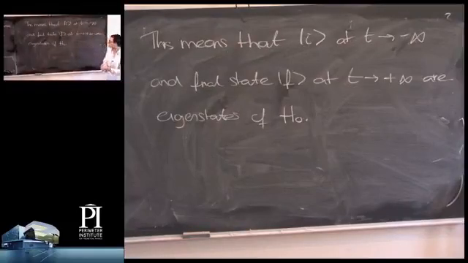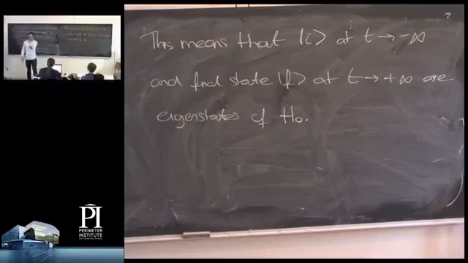Okay, so I ask this question, I have a meson in my hand, and I want to know the half-life before it decays. So the initial state is the meson sitting in my hand at t minus infinity. So it's like a one particle state, like we spent one creation operator.